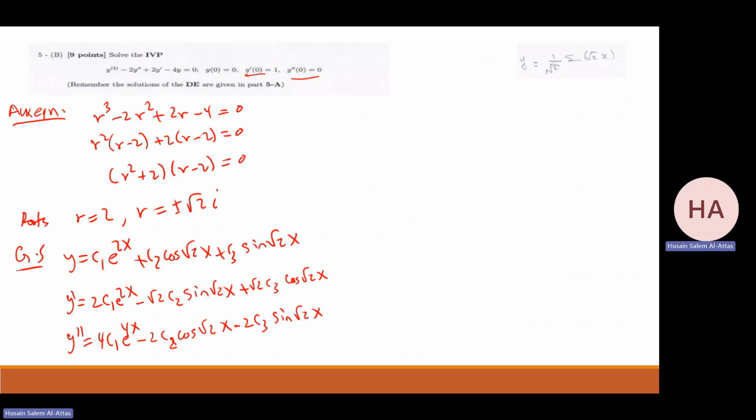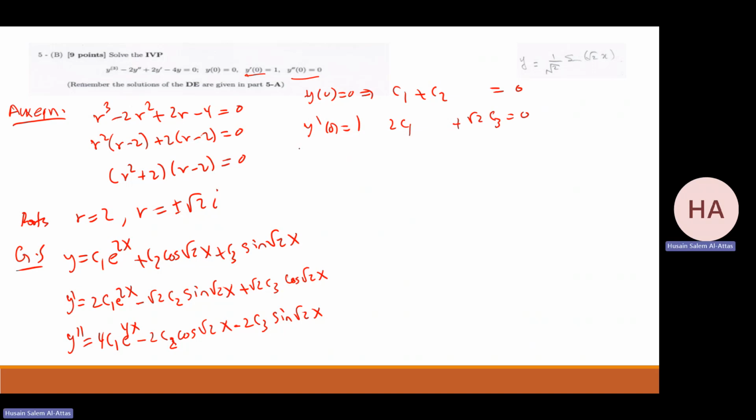Okay, now I'll put in the conditions. So I need the equations above each other. y at 0 equals 0 implies c1 plus c2 equals 0, since cosine 0 is 1 and sine 0 is 0. y prime at 0 equals 1, so I have c1 plus square root of 2 c3 equals 1.